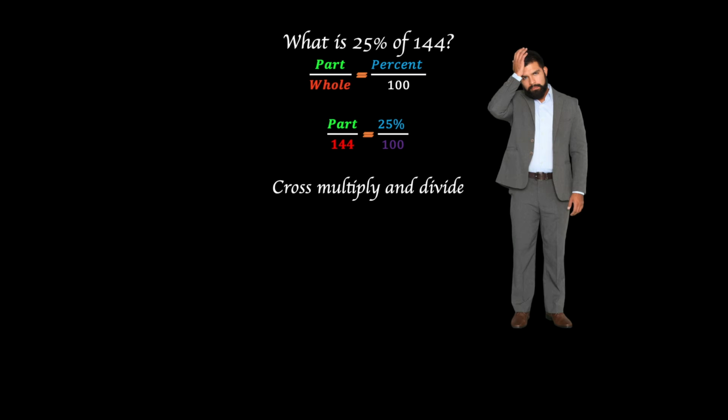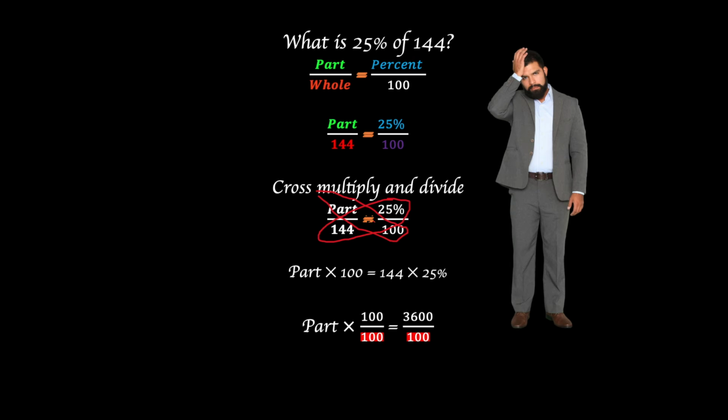Now the next step is to cross multiply and divide. 144 times 25% and the part times 100. So part multiplied by 100 equal 144 times 25. In this case, we need to get rid of the 100 on the left side of the equation.